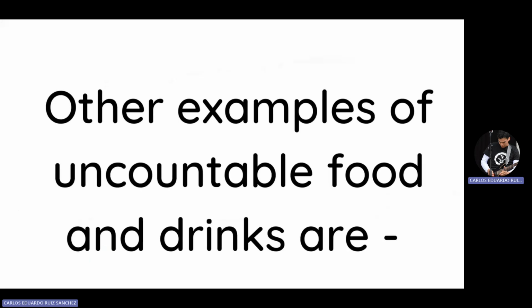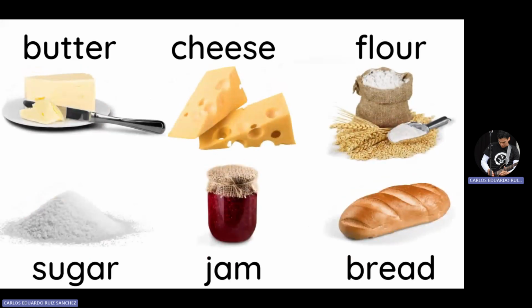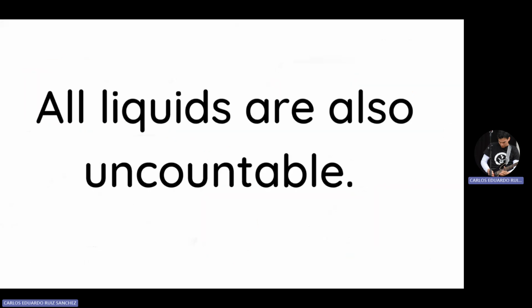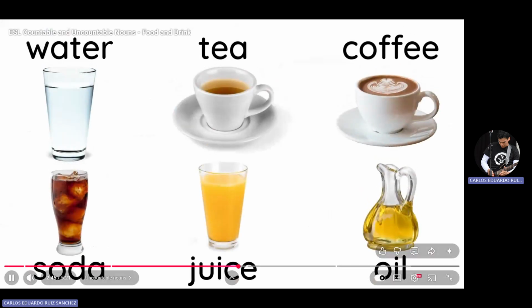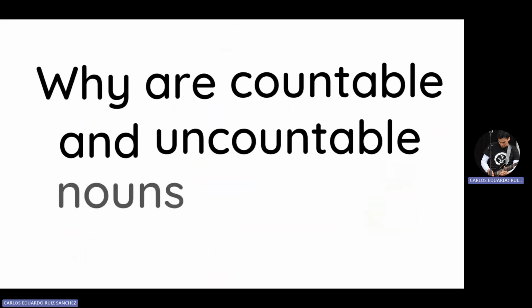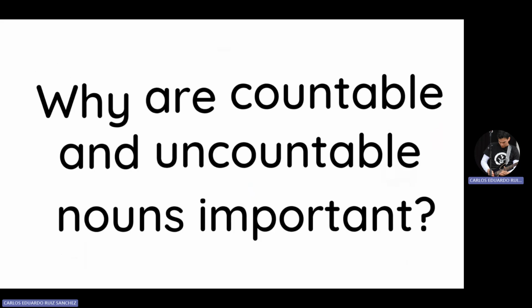Other examples of uncountable food and drinks are butter, cheese, flour, sugar, jam, bread. All liquids are also uncountable. Water, tea, coffee, soda, juice, and oil. But why are countable and uncountable nouns important?